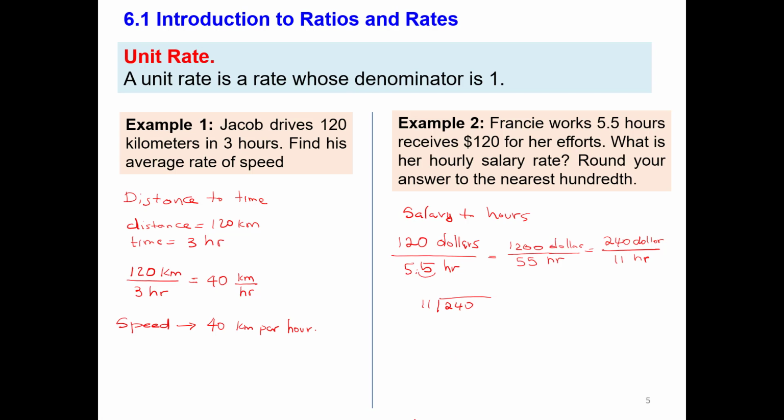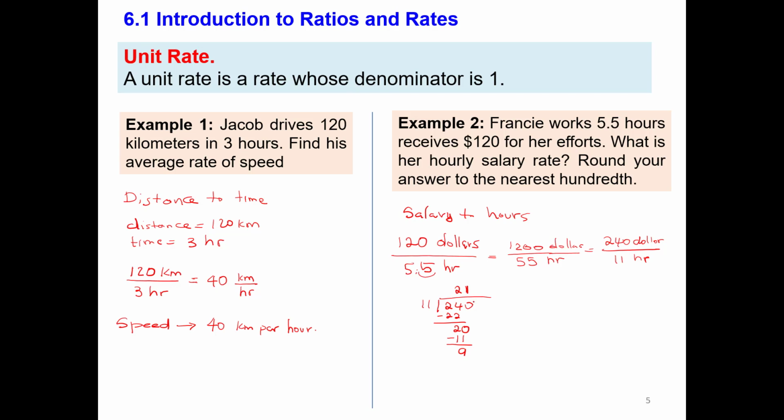We had 2. 2 times 11 is 22. 24 minus 22 is 2. Bring the 0 down. Then how many 11s are in 20? Just 1. 1 times 11 is 11. And 20 minus 11 is 9.